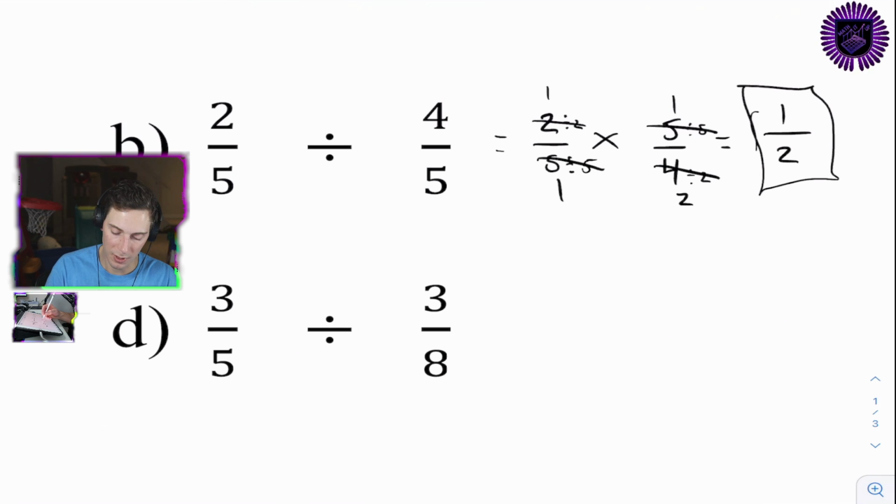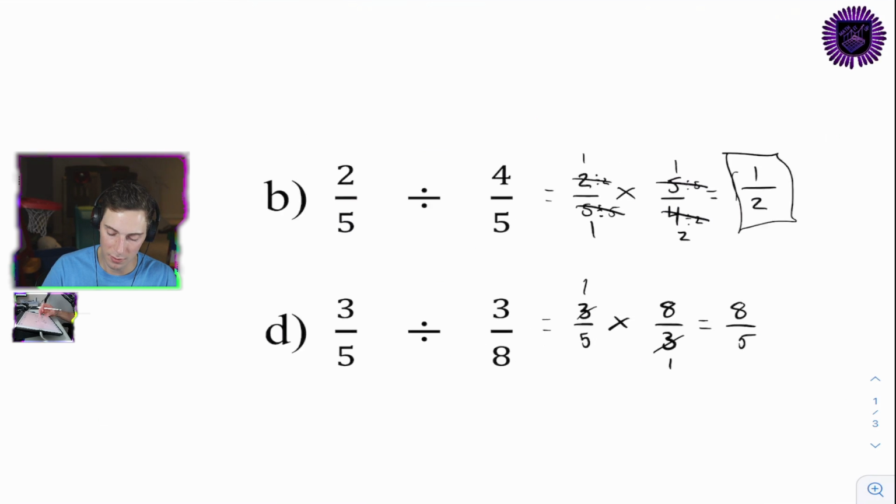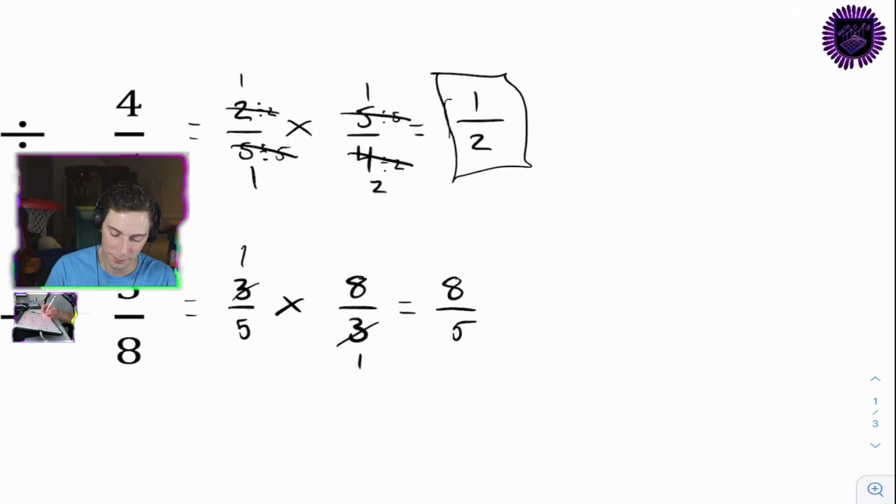Once again, we're going to keep our 3/5, change to multiplication, flip to 8/3, cancel out our common factors, and we get 8/5 when we multiply across, which simplifies to 1 and 3/5.